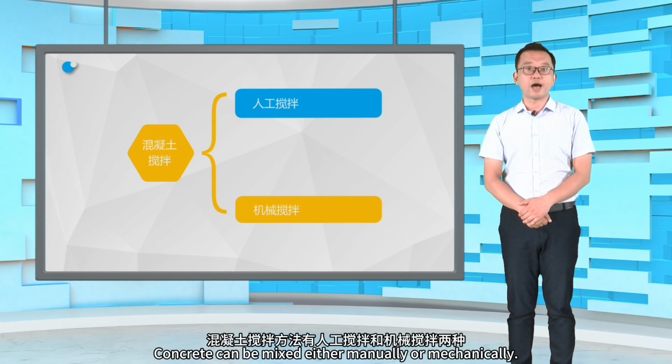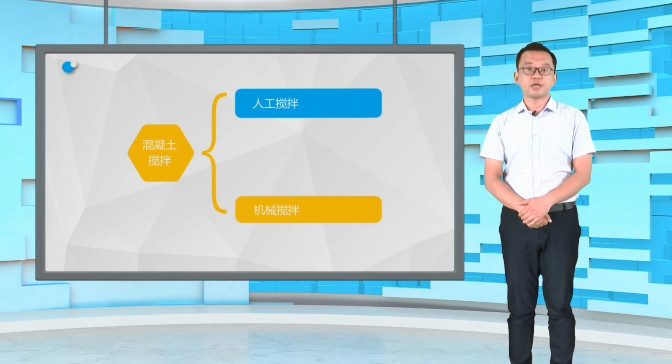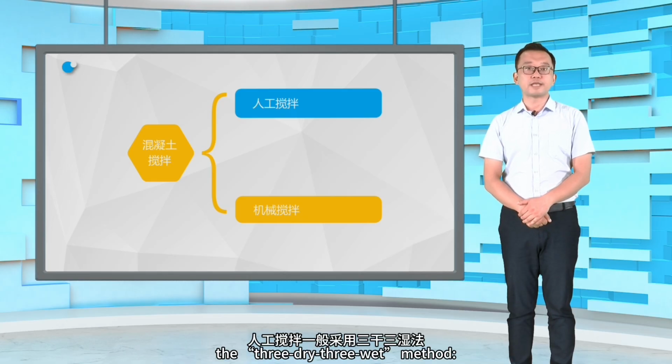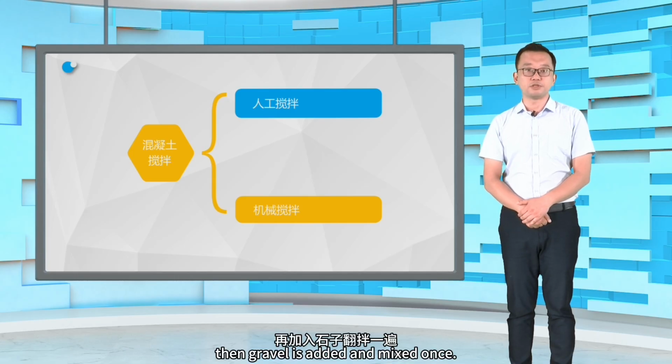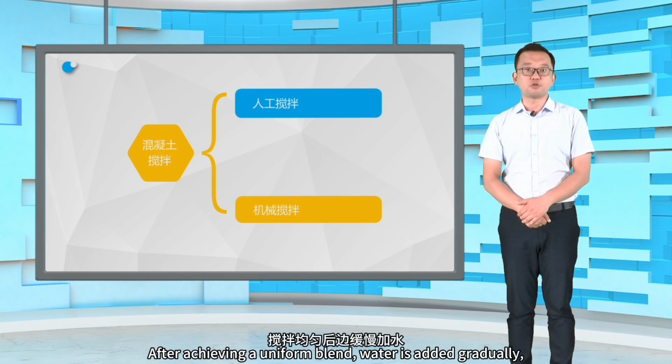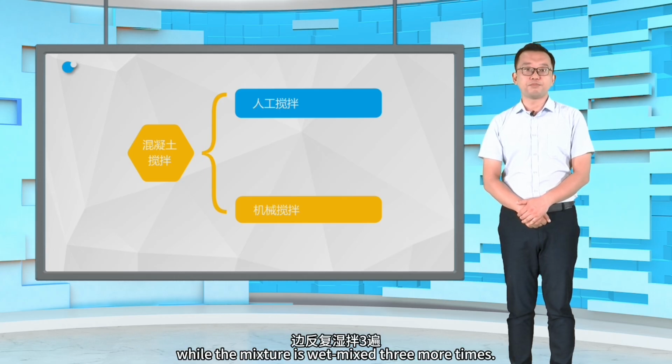Concrete can be mixed either manually or mechanically. Manual mixing typically uses the 3-dry 3-wet method. First, cement is dry mixed with sand twice. Then gravel is added and mixed once. After achieving a uniform blend, water is added gradually, while the mixture is wet mixed 3 more times.